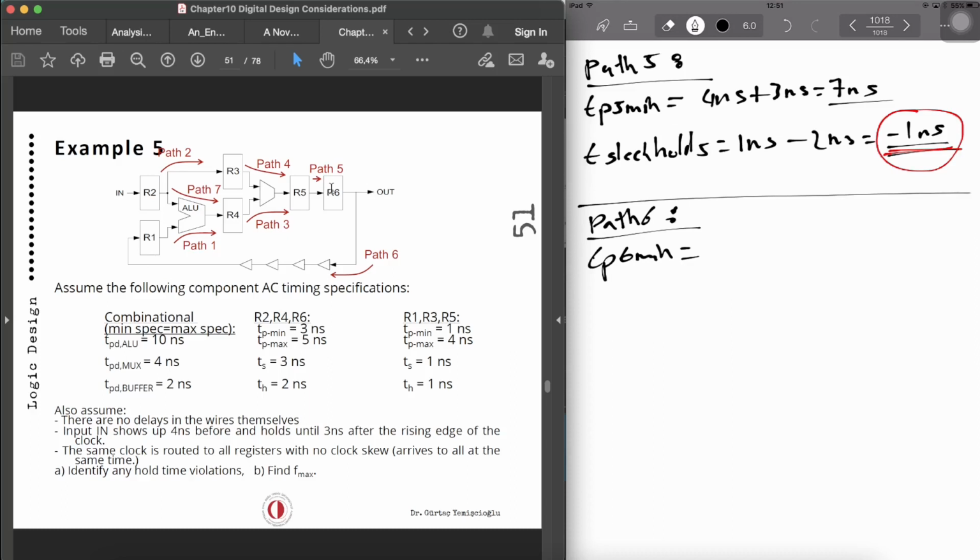R6 TP max is 5 nanoseconds, plus we have got 4 buffers, and each of them is 2 nanoseconds, so that will give us 4 times 2, 8 nanoseconds, plus the setup time of R1, which is 1 nanosecond. And that will be 14 nanoseconds.